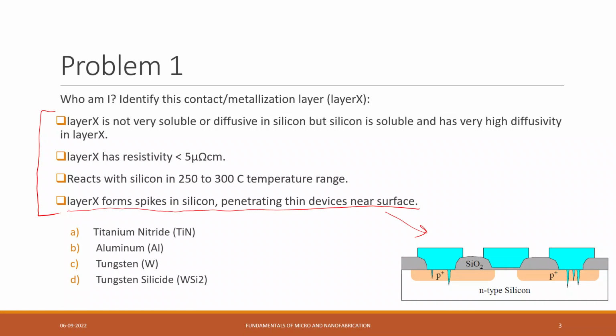So these are the options. These are the properties of the layer X, and you have to choose from them. Anybody?